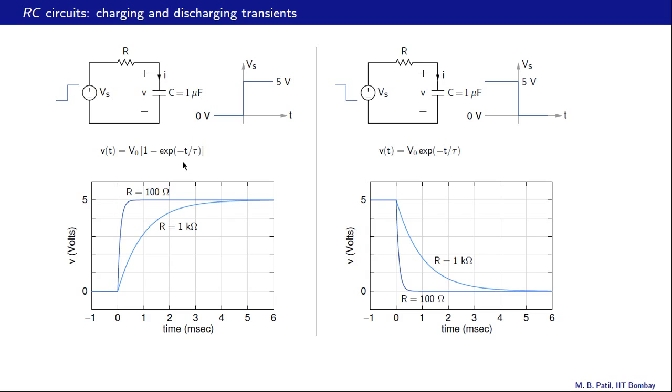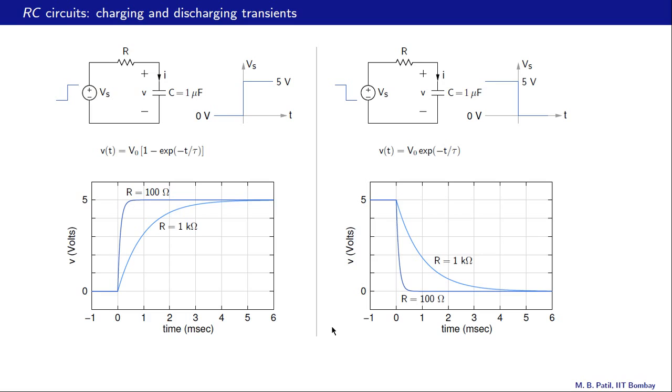And that is indeed what we observe in this plot. This is 1 millisecond, 0.5 millisecond is somewhere here, and we observe that for r equal to 100 ohms, we reach the steady state in about 0.5 milliseconds. And after that point, the capacitor voltage does not change.